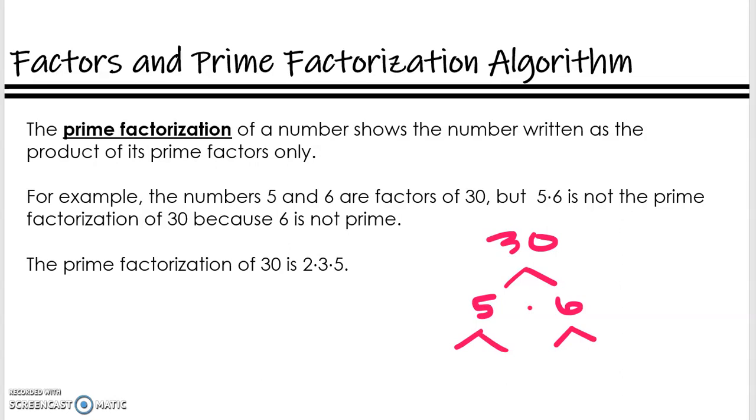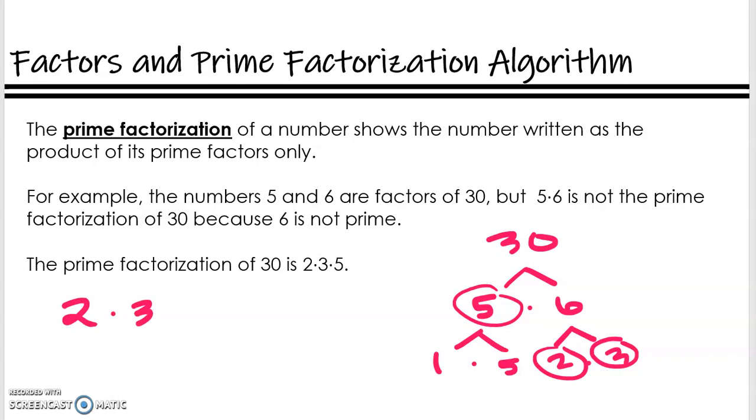You could do 1 and 5, okay? But once you get to that prime number, you can stop. 6, I can factor into 2 times 3, and both of these are prime, so nothing else can be factored. Therefore, the prime factorization of 30, you would write 2 times 3 times 5. And I like to put my numbers in order from smallest to largest.